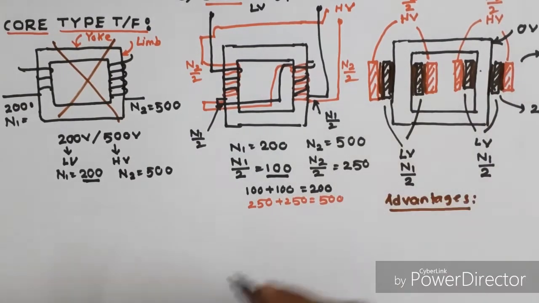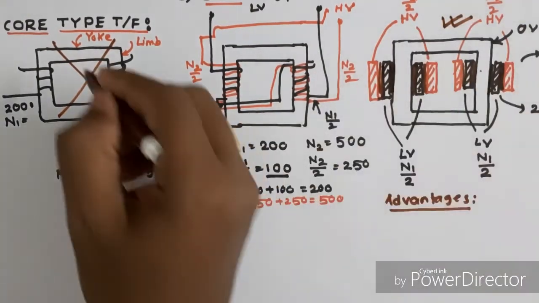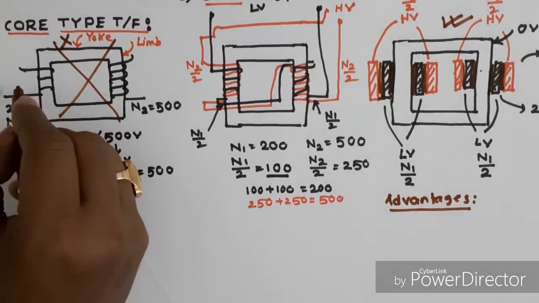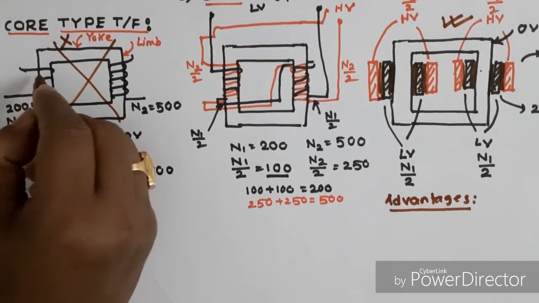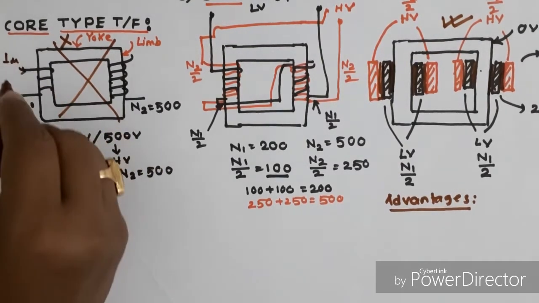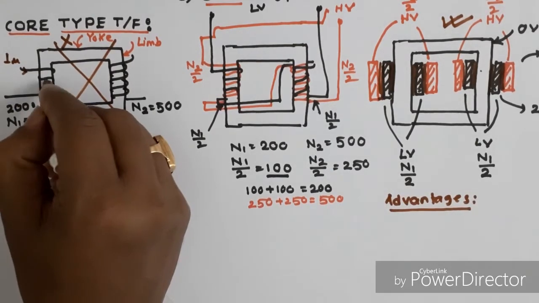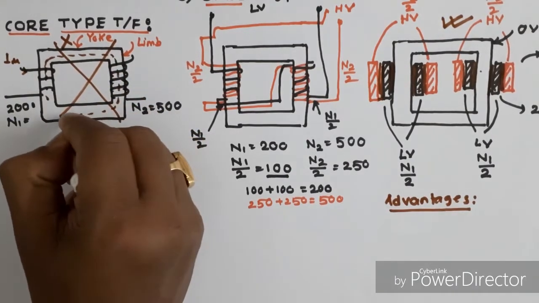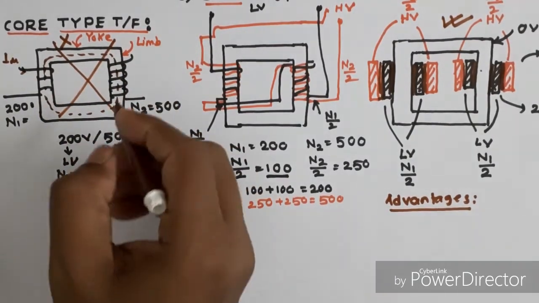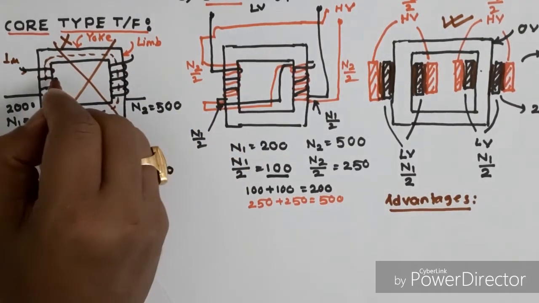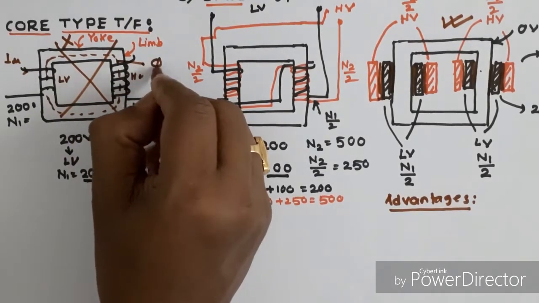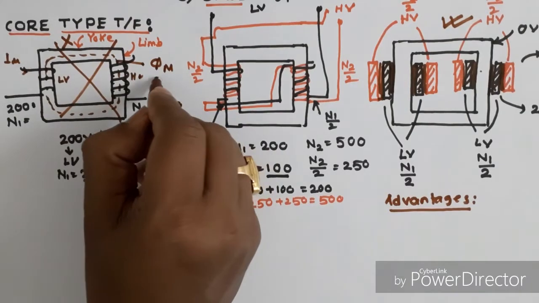Now the question arises, why do we use this configuration and not the other configuration? The reason is that whenever current, called magnetizing current, is drawn from the supply, a flux will be produced which passes through the core of the magnetic material. The flux which links both the LV winding and the HV winding is called phi m, the mutual flux or useful flux.